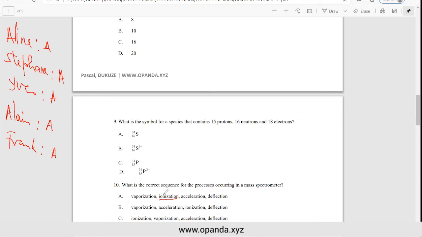And then it goes to the deflector, the magnetic field. So the right answer is A.